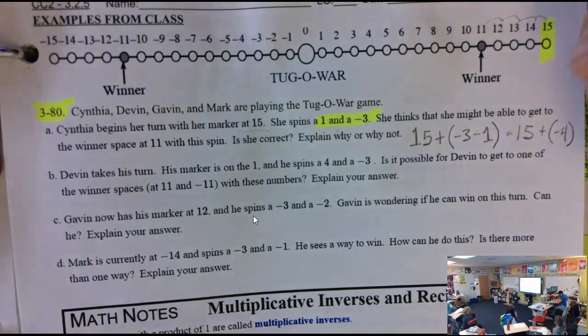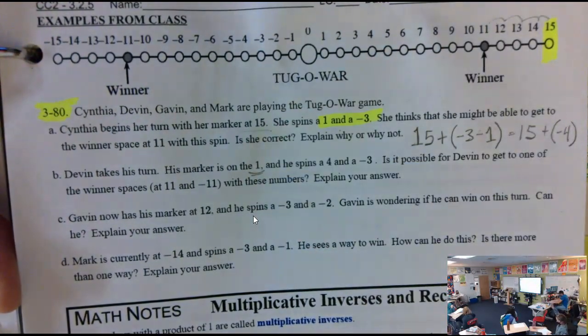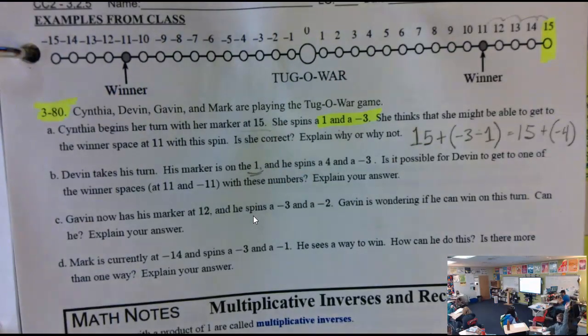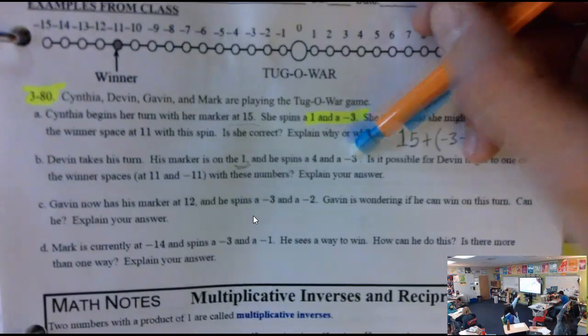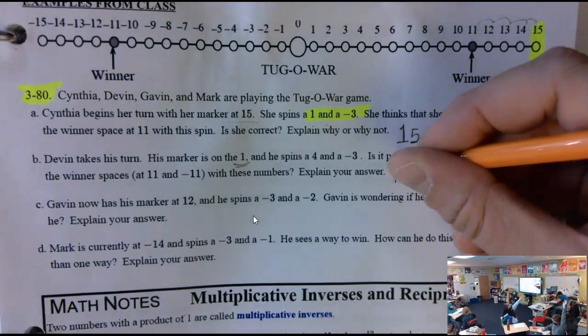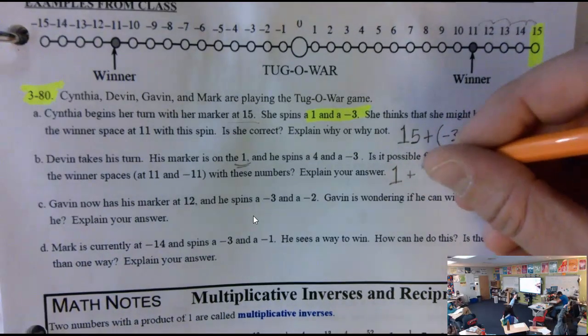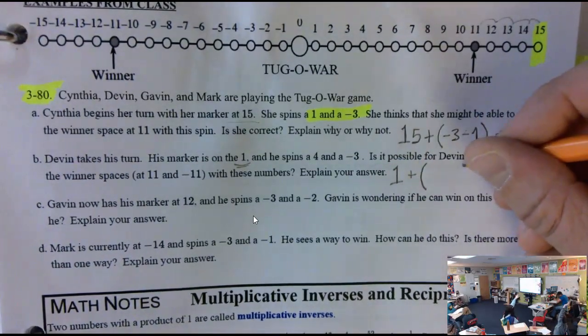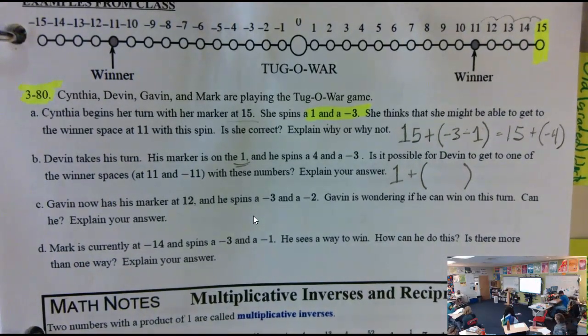Devin is now at... Ooh, he's at 1. Bro. Devin spins a 4 and a negative 3. How could Devin get to either positive or negative 11? What could he do with those numbers? Do you know?